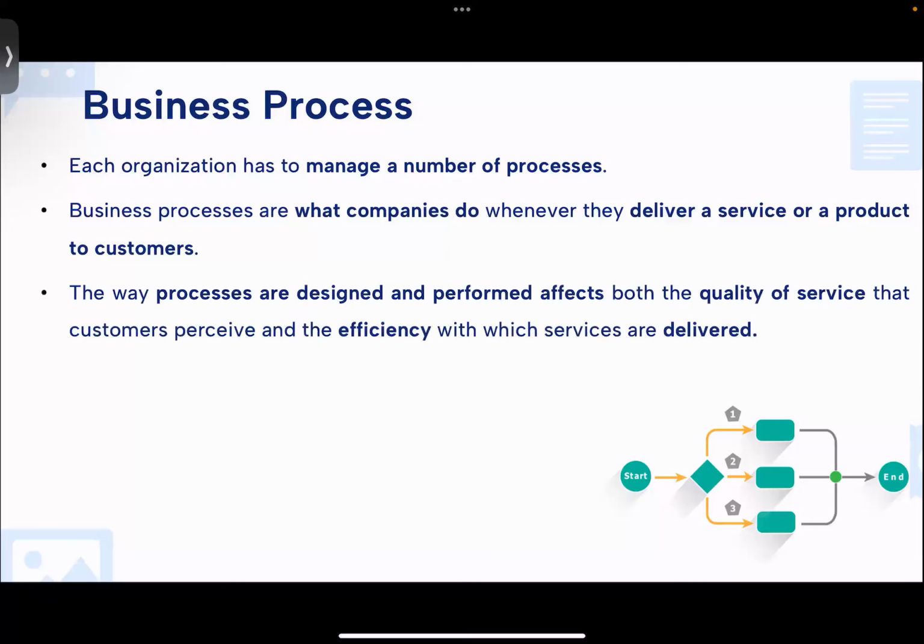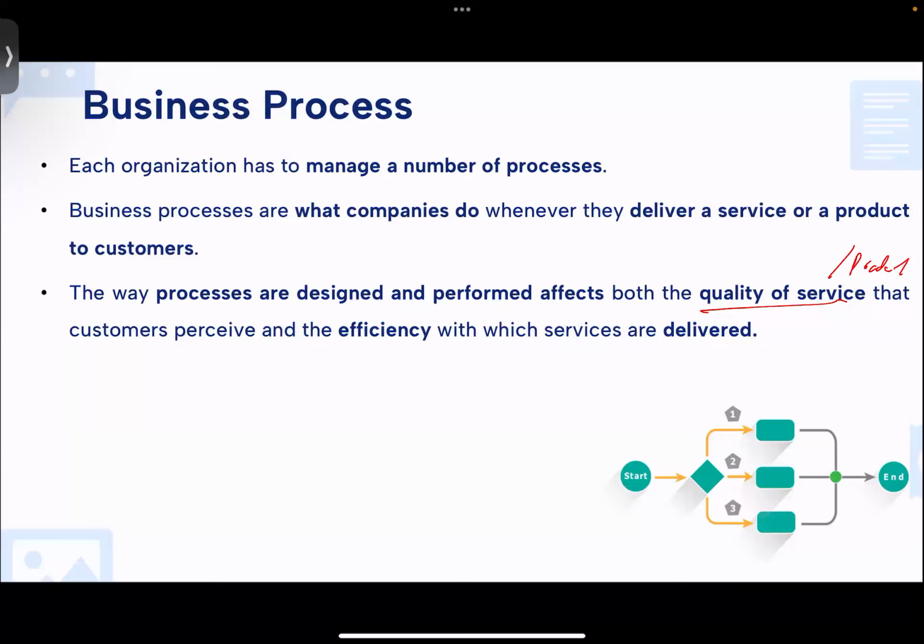Okay, so basically, the way we process and the way we design these processes have an effect on the quality of the service or the product that we are giving to the ultimate customer.